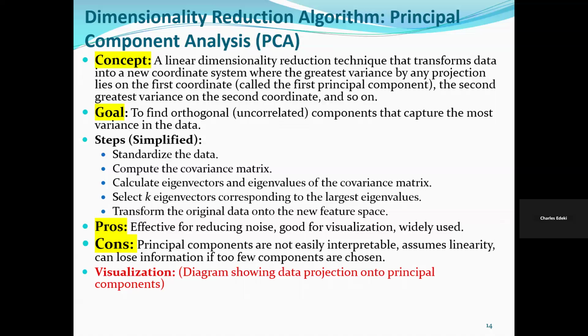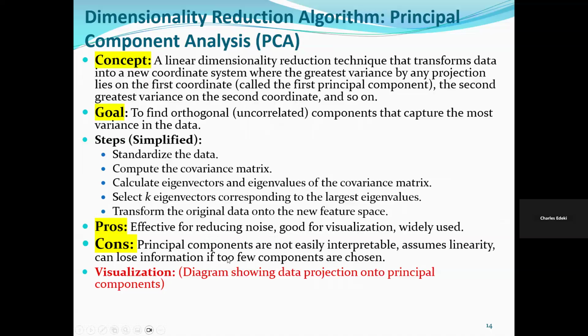Okay, so let's look at the pros. First, I saw a slide here that says effective for reducing noise. I think that's one of the main goals of PCA, effective for reducing noise in data. Also it can significantly reduce the number of features, that's another major goal.